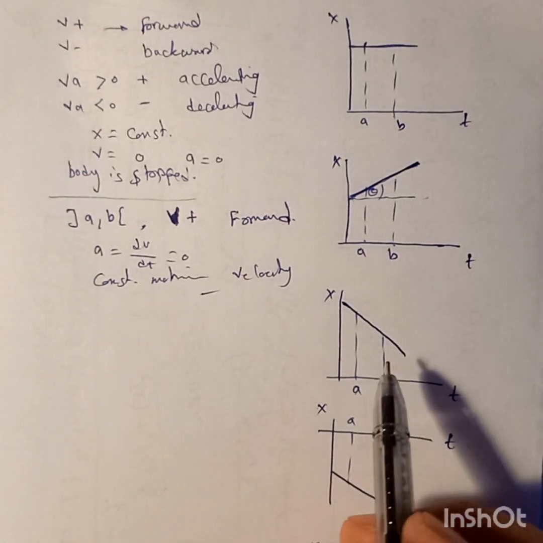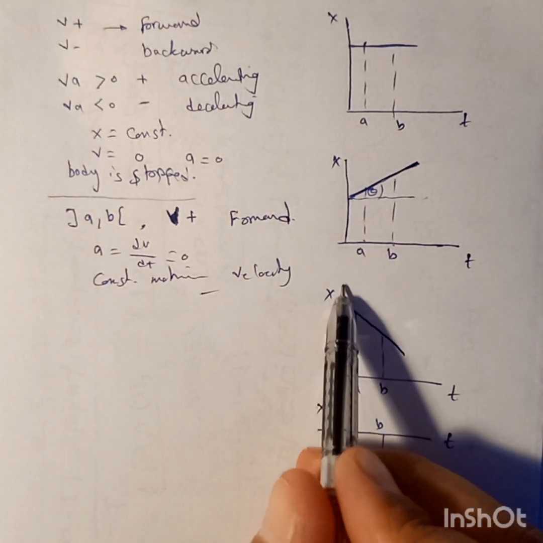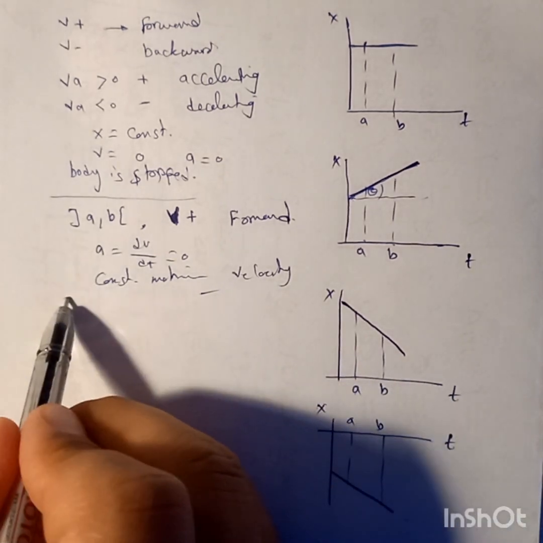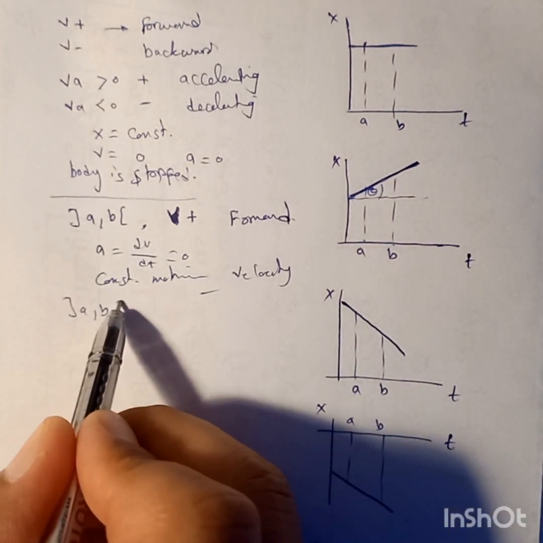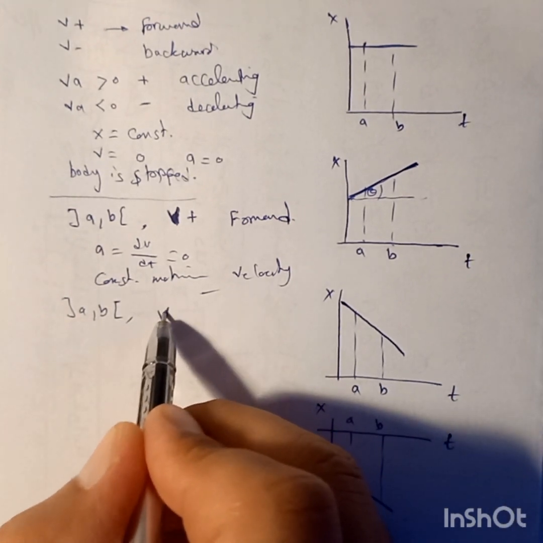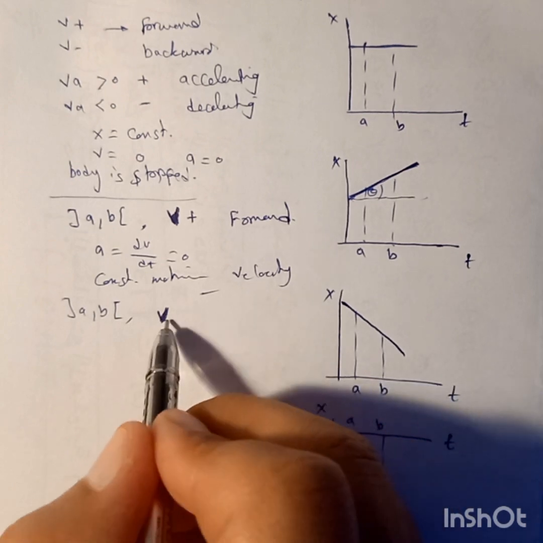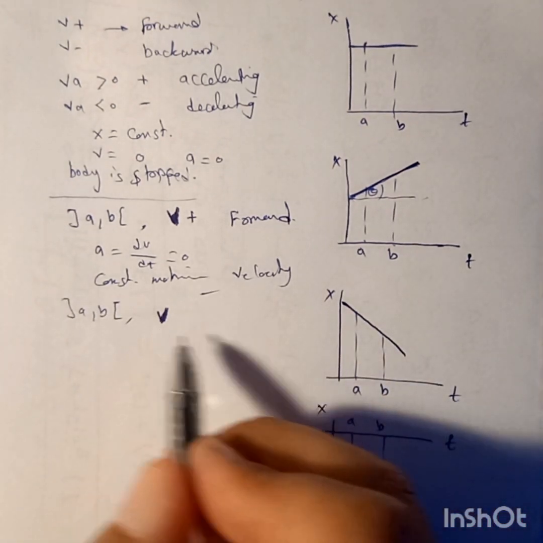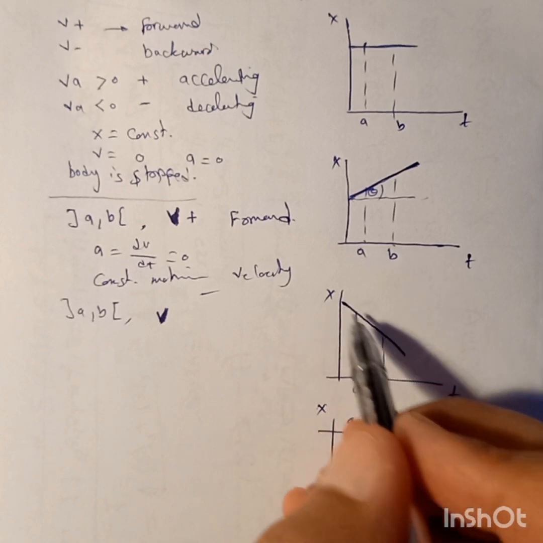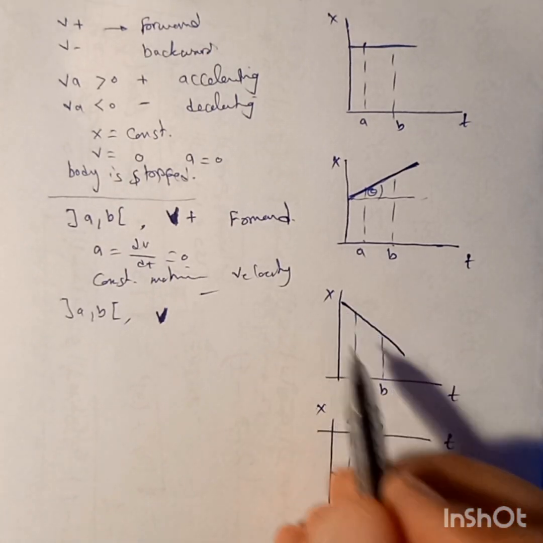Okay, here we have this curve also representing the relation between x and t. For the time interval a and b, we have to find the sign of velocity first, as we have a linear, straight line relation between x and t.